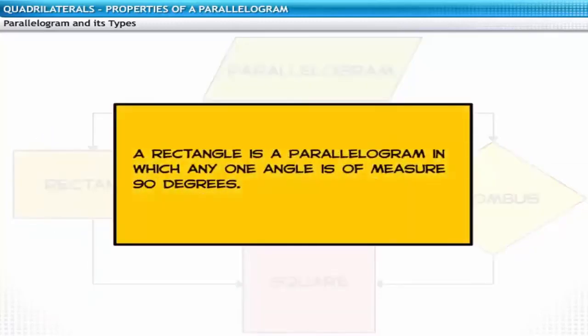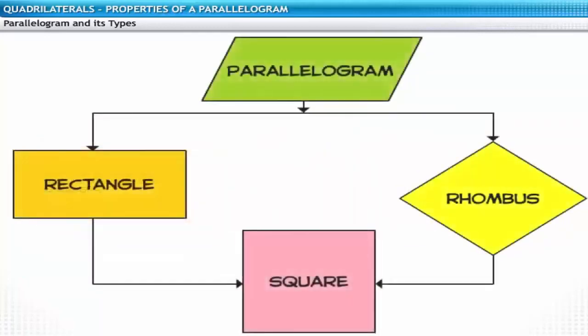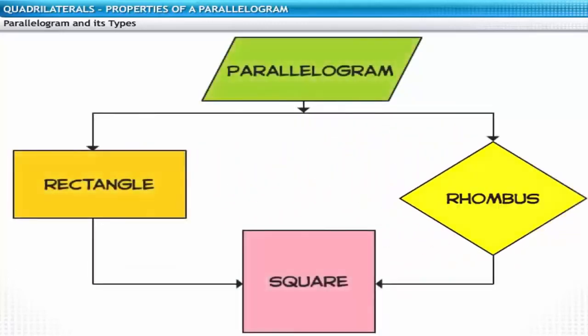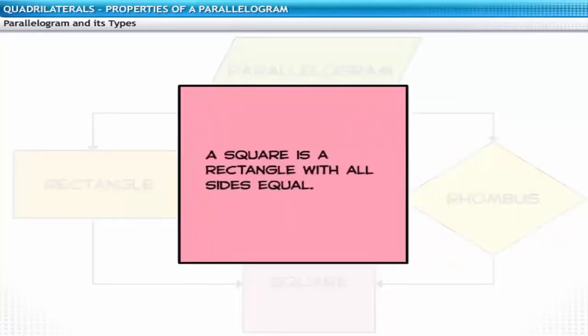A rectangle is a parallelogram in which any one angle is of measure 90 degrees. A rhombus is a parallelogram in which all sides are equal. A square is a rectangle with all sides equal.